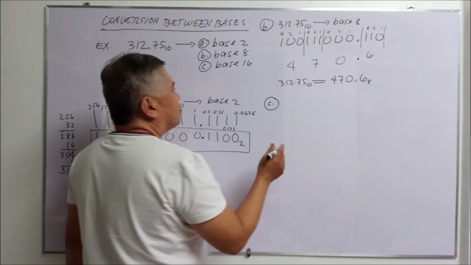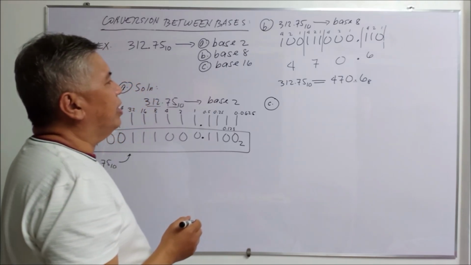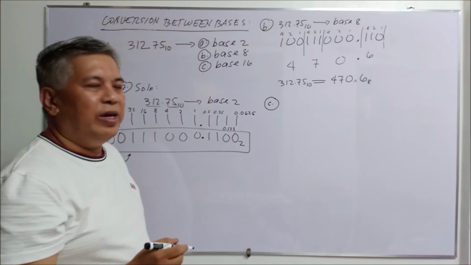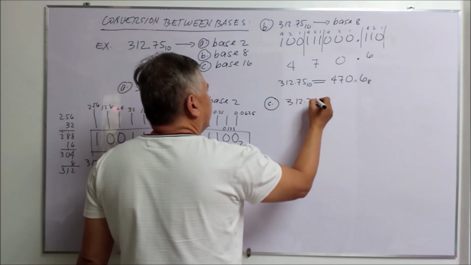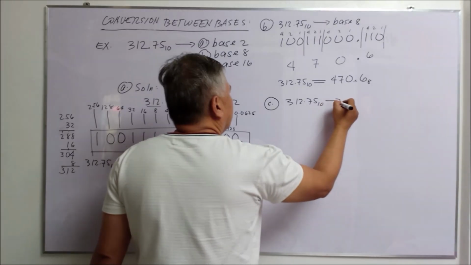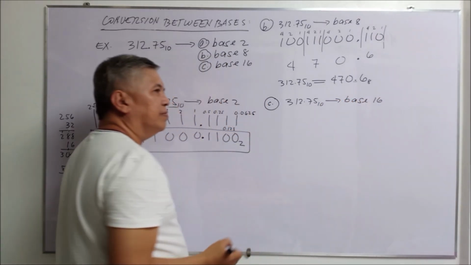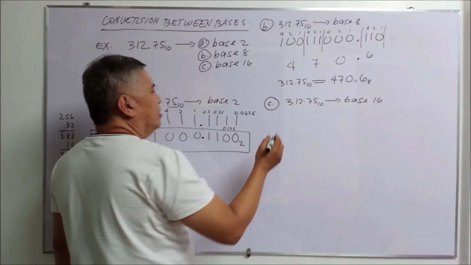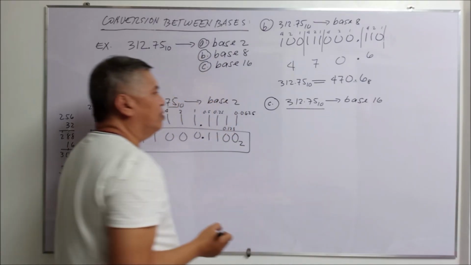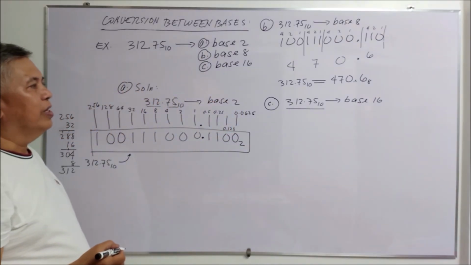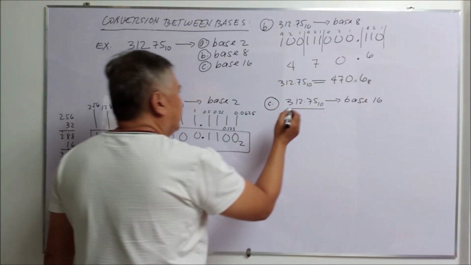So, let's convert 312.75 of base 10 to base 16. Again, we have already obtained the binary equivalent of 312.75 in binary form, so we will just rewrite it.